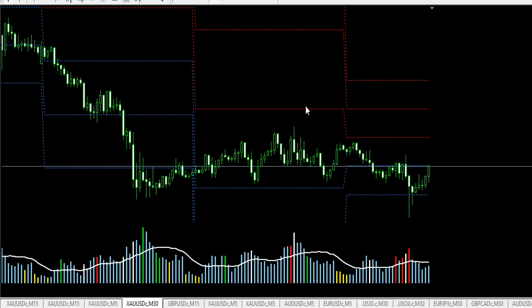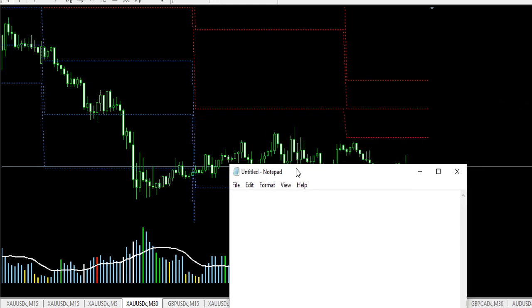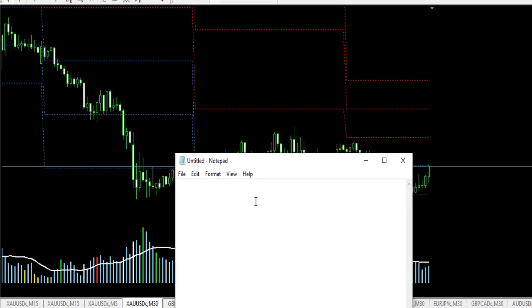Today, I would like to share three techniques and four indicators that are important in the market of trading. The first one is the pivot, this one is the pivot daily.